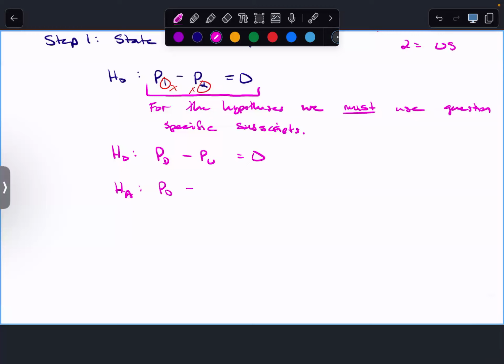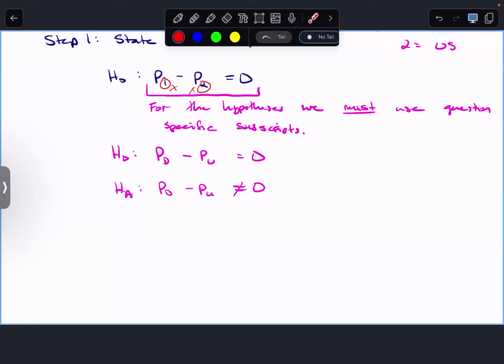And like I said before, what can be confusing if you don't keep your wits about you is we're talking about the difference in proportions being different from 0, right? So you really got to stay on top of those words. We're talking about the difference in proportions being different from 0, or significantly different from each other, right?